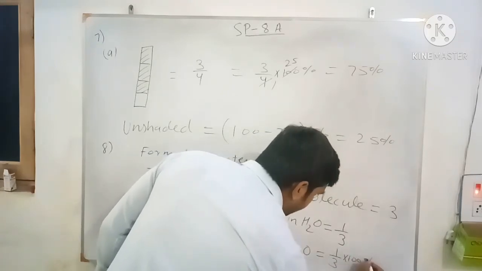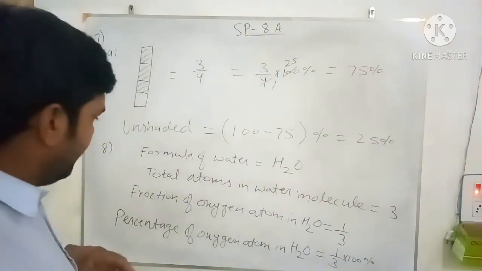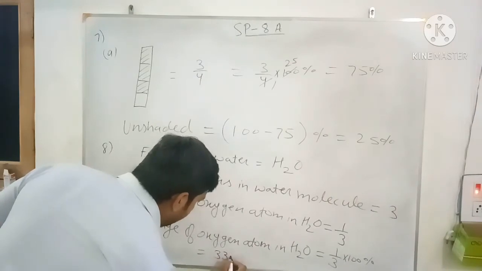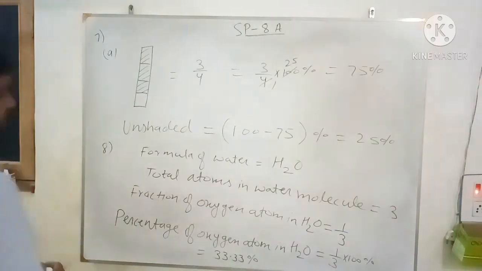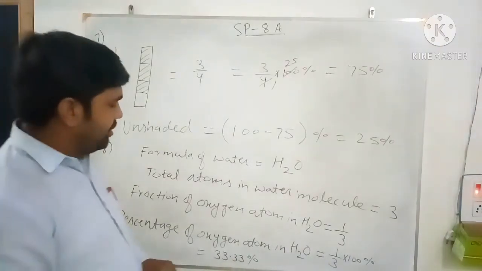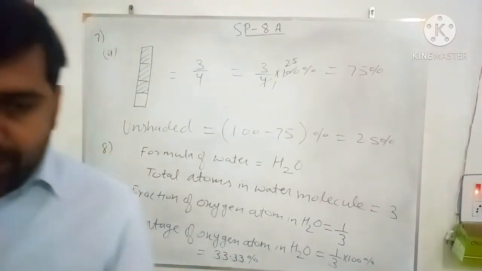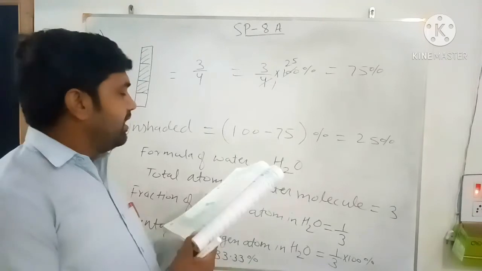So 1 by 3 into 100 gives you 33.33%. So the percentage of oxygen atom in H2O is 33.33%. Similarly, you can do the question number 9, I am leaving it as homework for you. Now see how you can do question number 10.